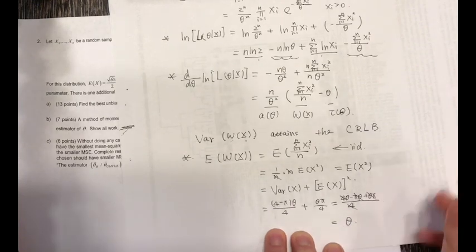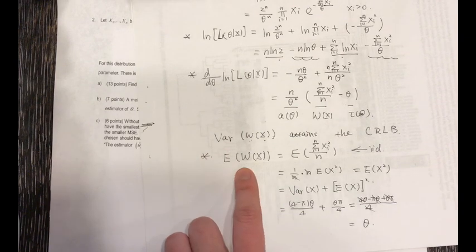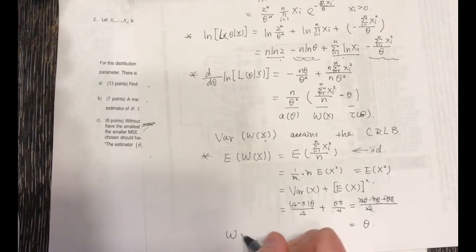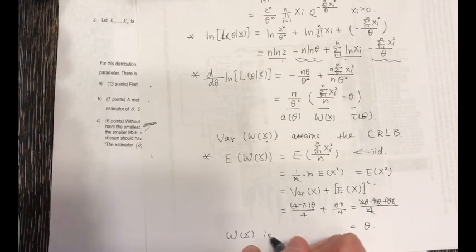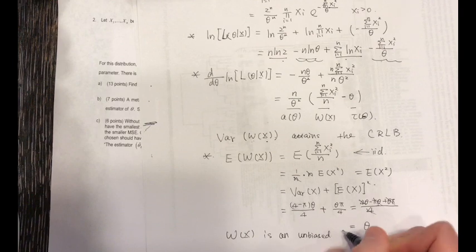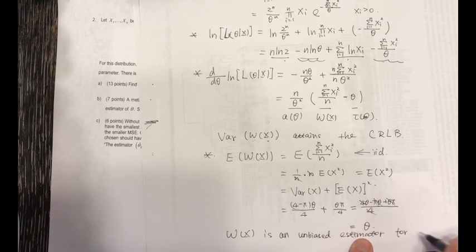We have theta here. So luckily, the W(X) function is also an unbiased estimator for theta.